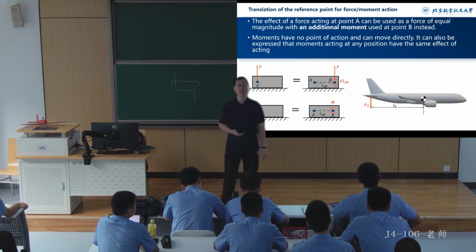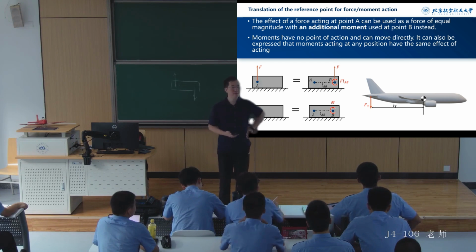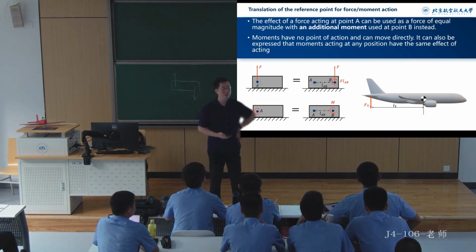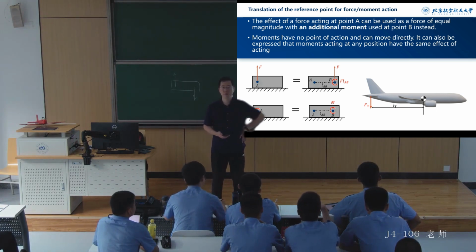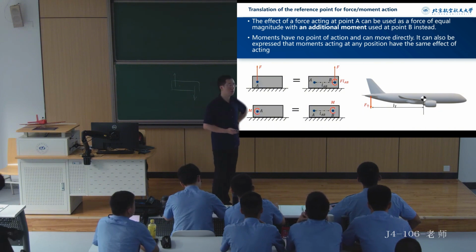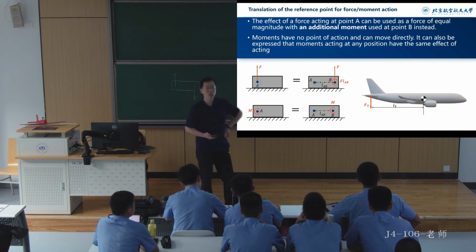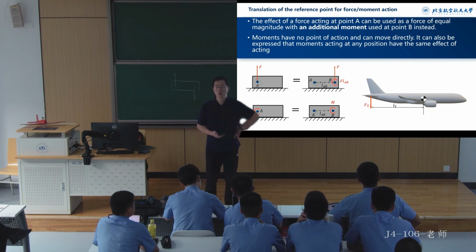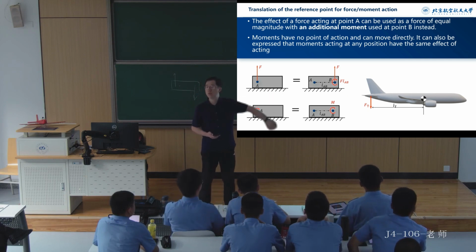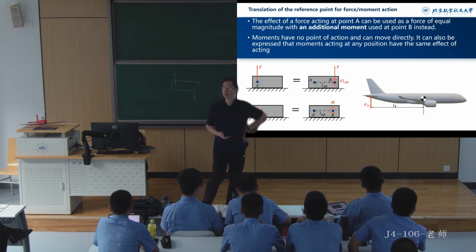What effects does it have? We directly use the method we mentioned earlier. First, what should we do? Can the force be translated or can it not be translated? What should we do then?